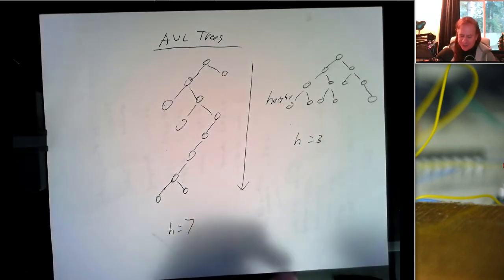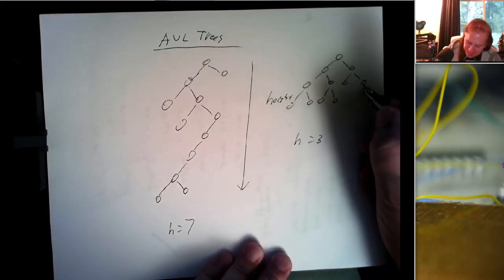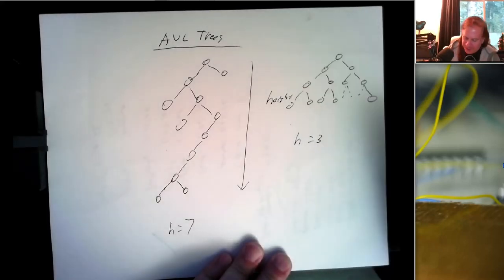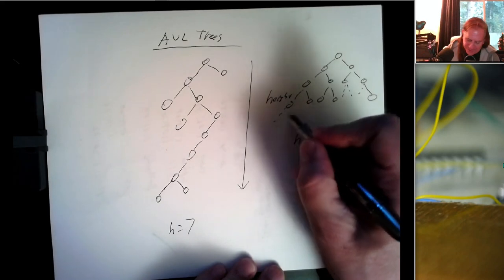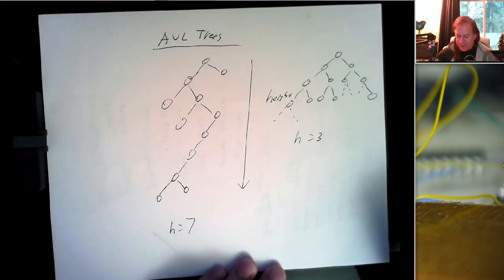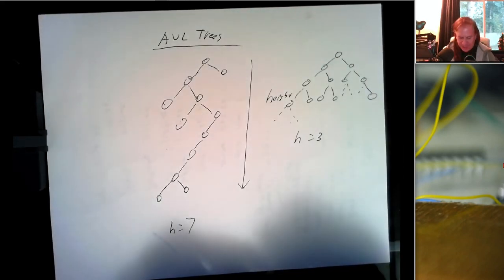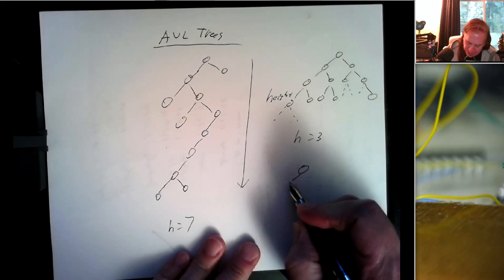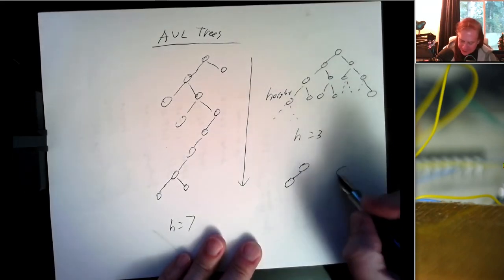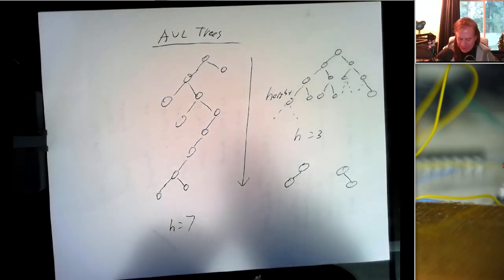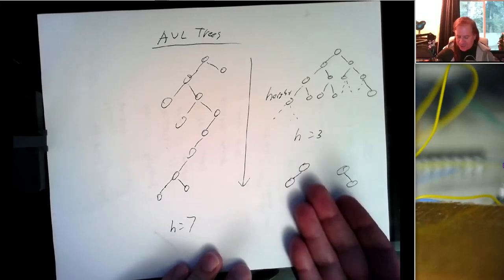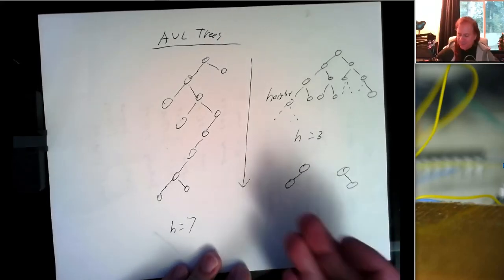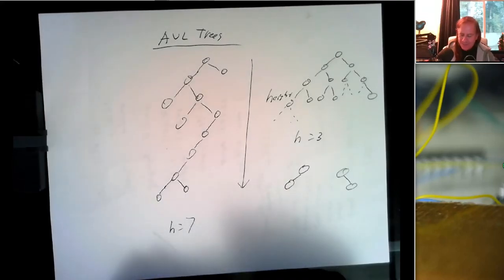Generally that means we would want to fill in things here, if possible, before we start filling in things over here at a deeper level. And we can't keep a tree perfectly balanced. For example, if we have 2 nodes in our tree, it's either going to look like that or like that. The left side has more than the right, or the right side has more than the left. But these are still balanced trees.